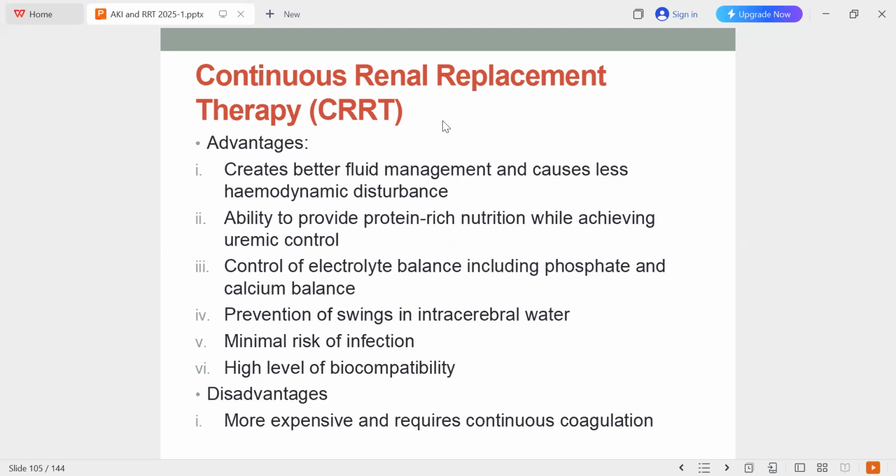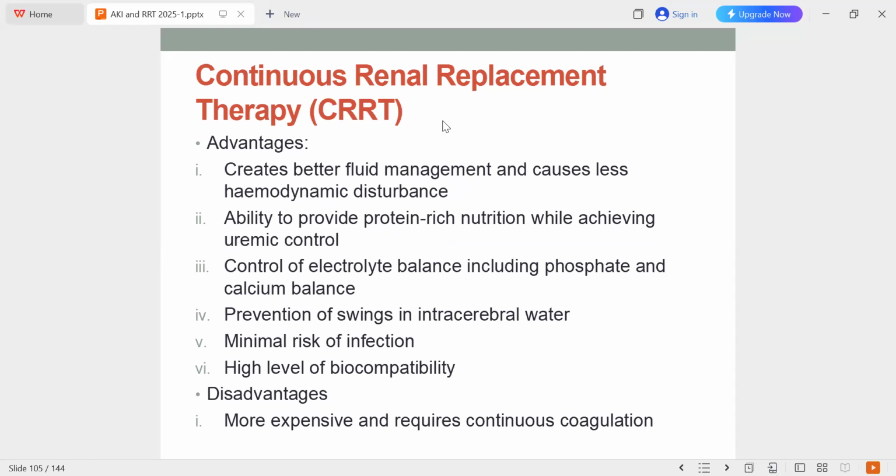The advantages of CRRT are many. They include better fluid management, causing less hemodynamic instability, the ability to provide protein-rich nutrition while achieving uremic control, and better control of electrolyte balance, including phosphate and calcium.